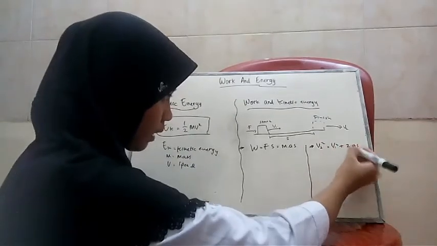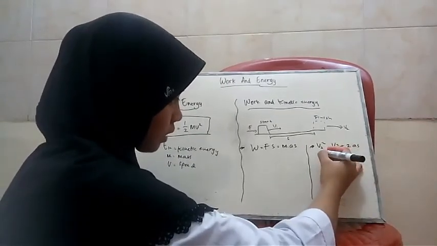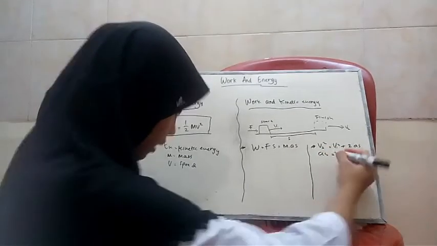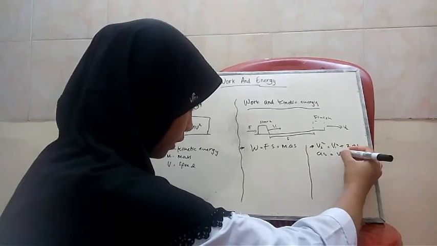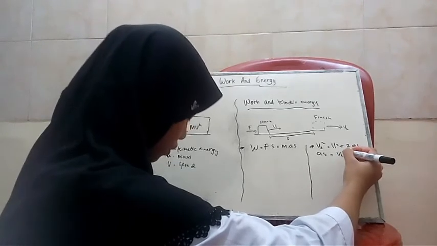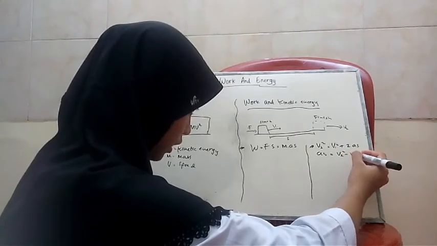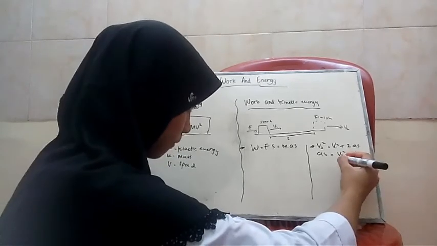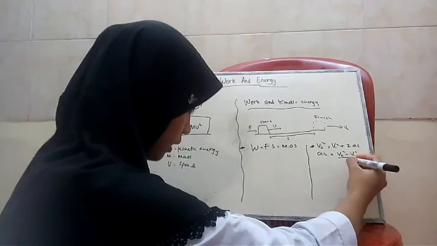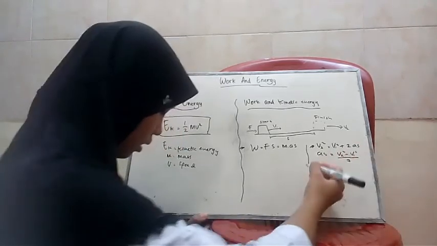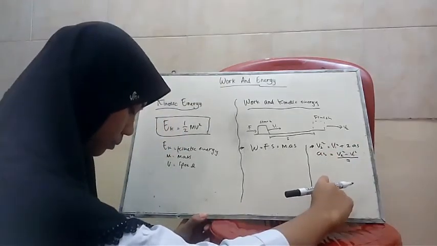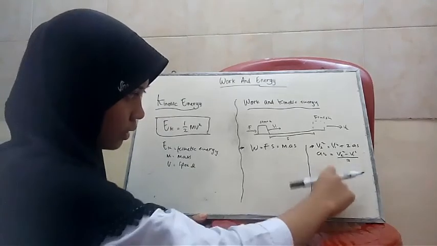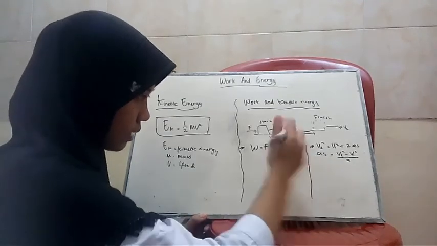And then AS equals V2 square minus V1 square divided by 2. So from here we can know AS.